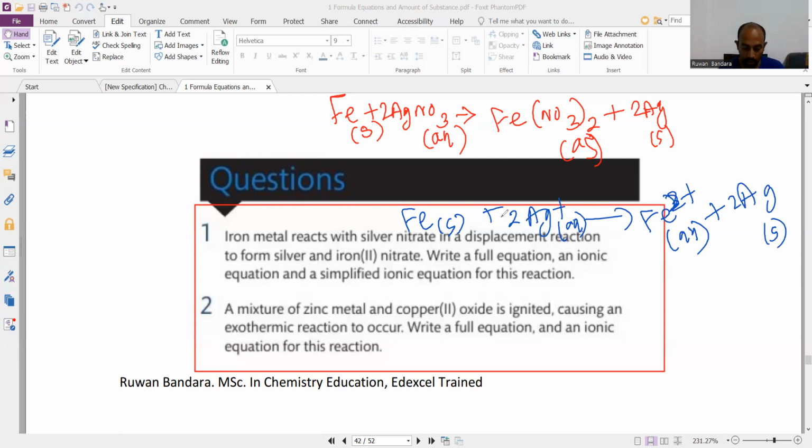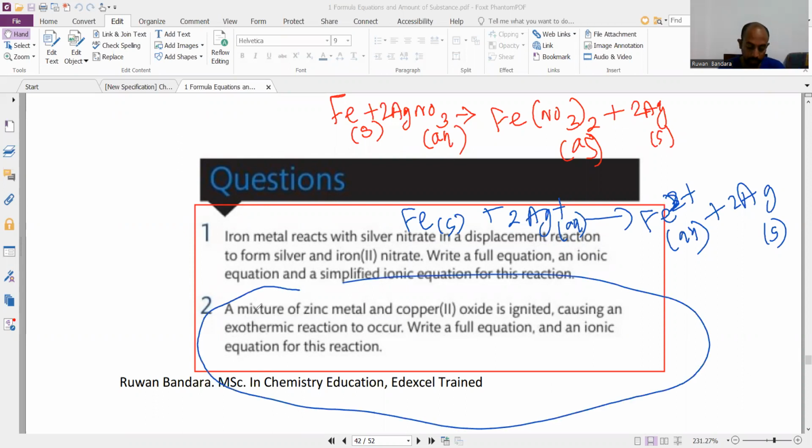Is this clear? Yes. Next one. Then in the second one, what are the state symbols?